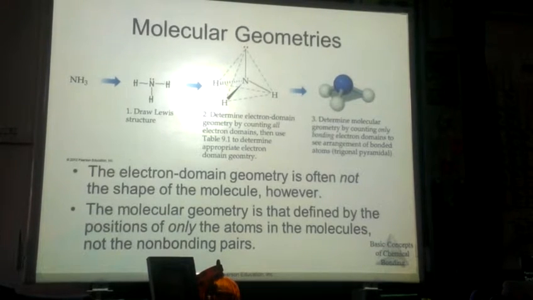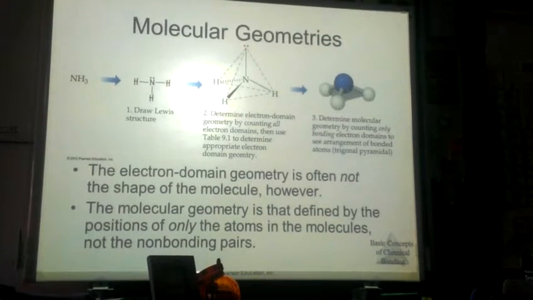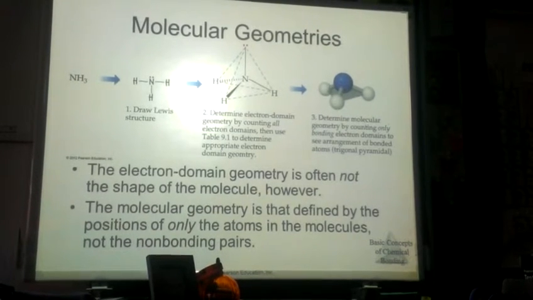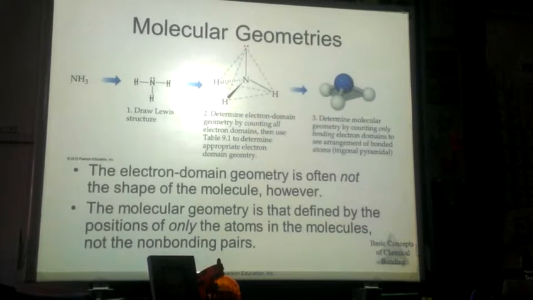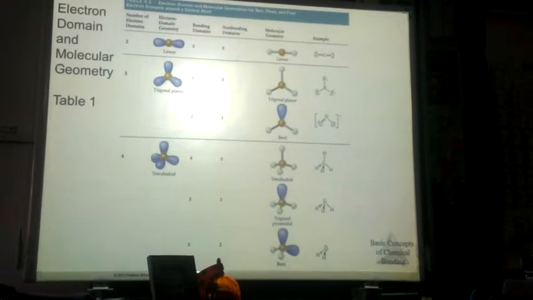Okay, so in this case, because nitrogen has a lone pair, if I think about it, it's in the tetrahedral category, but now I need to think about all of the subcategories in tetrahedral. 3 bonding and 1 non-bonding makes it trigonal pyramidal. So I like this table 9.2 in your book, because it goes through and says, here's the number of electron domains, and it breaks it up.